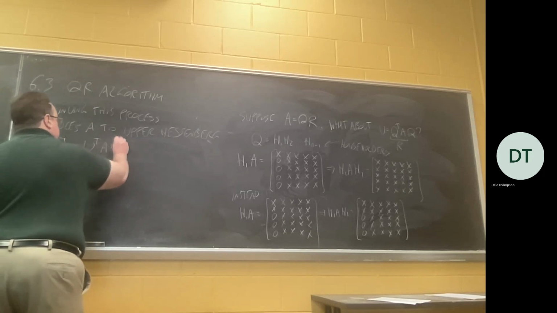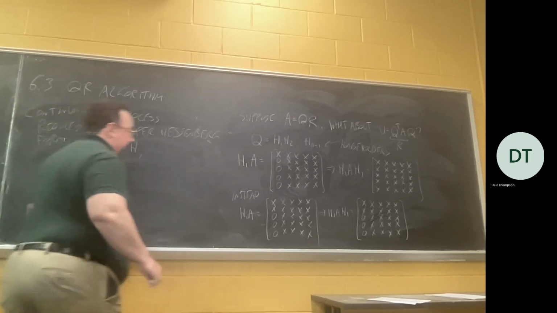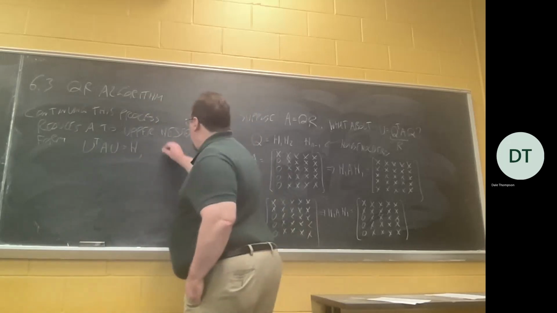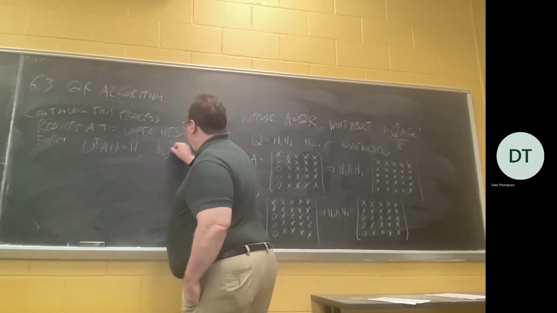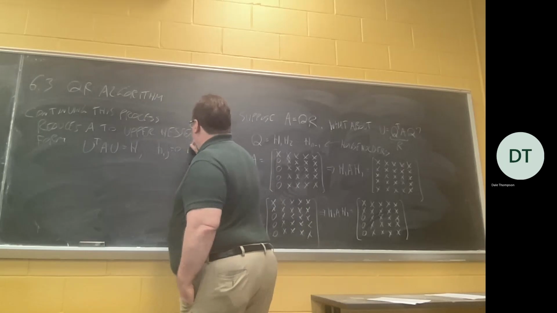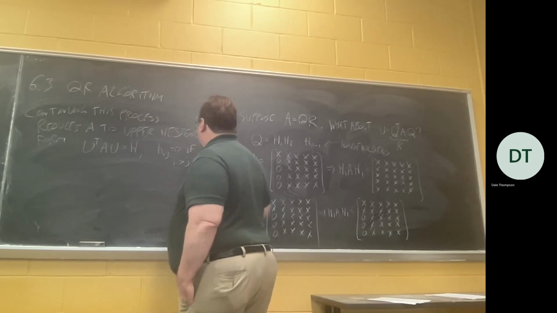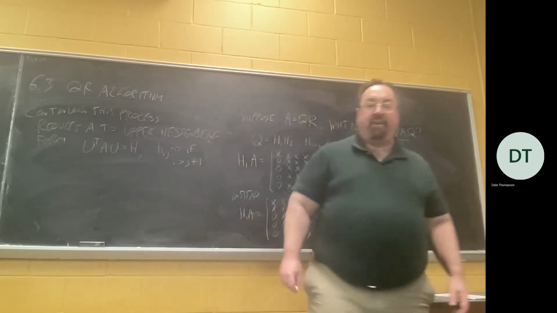U transpose AU is equal to H, and H_ij is 0 if i is greater than j plus 1.